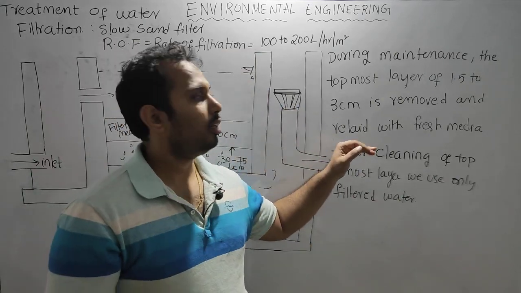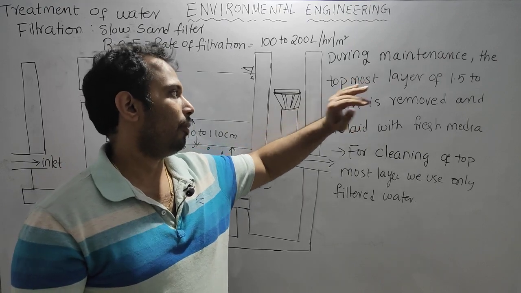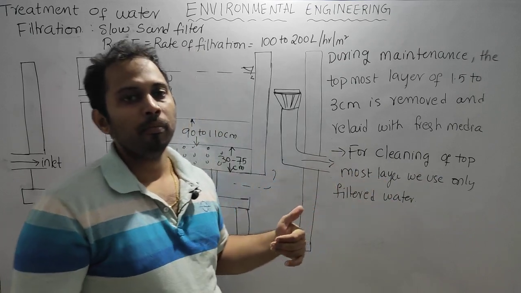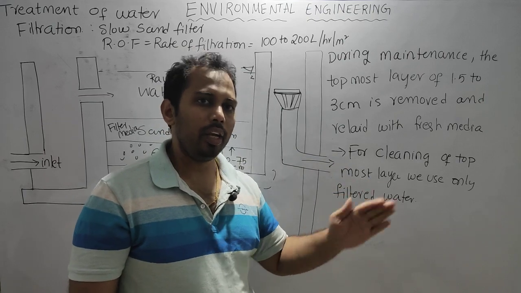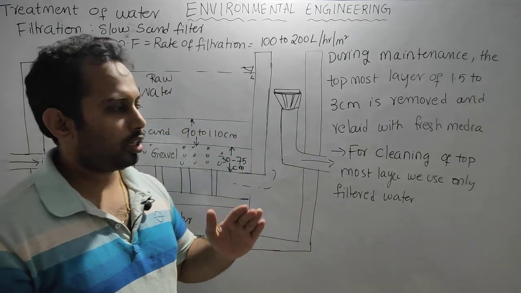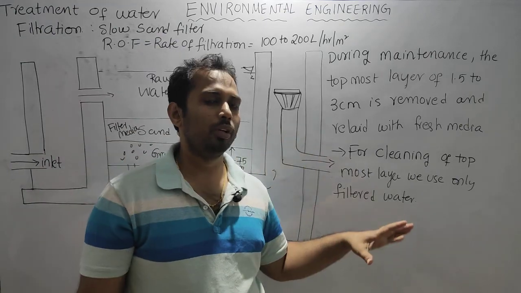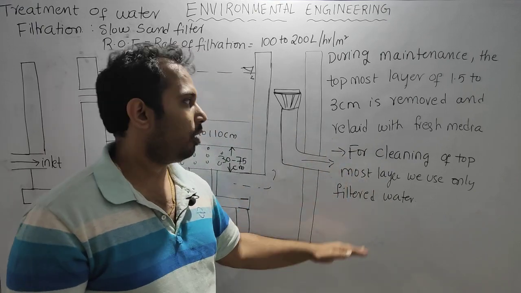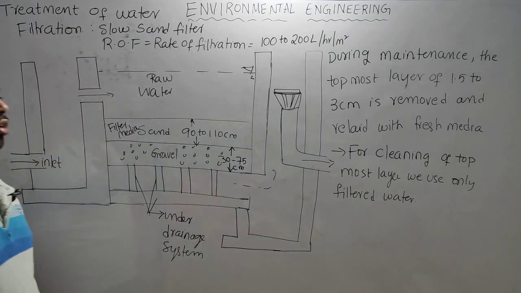During maintenance, we remove the topmost layer of 1.5 to 3 centimeter and the rest of the filter media is cleaned. The scraping is done using water, and that water should be filtered water coming out of this filter.